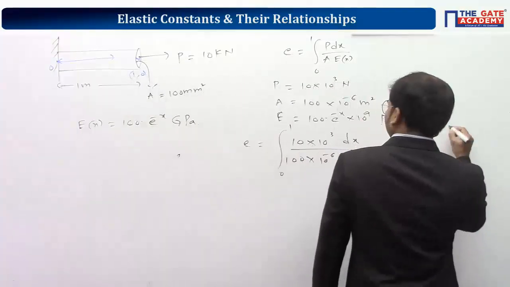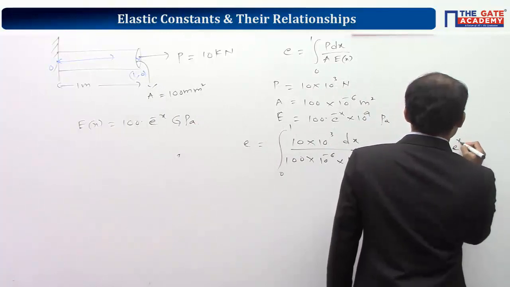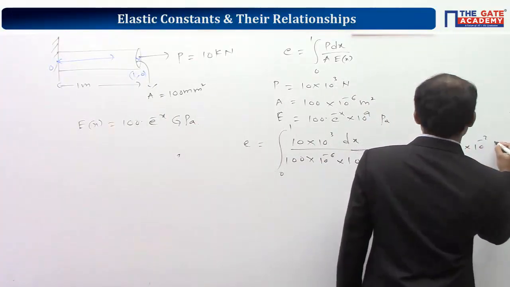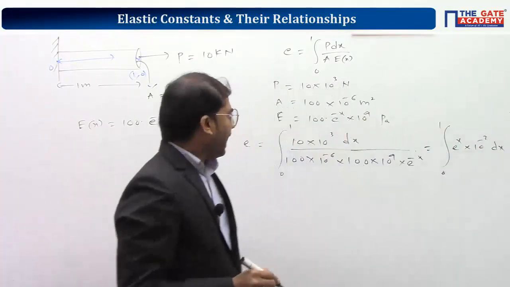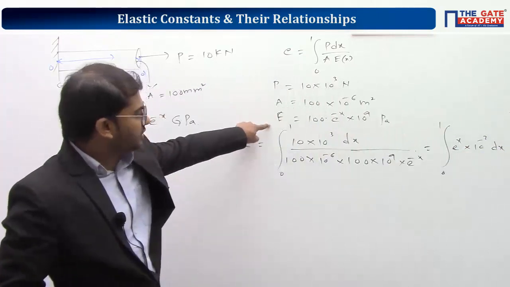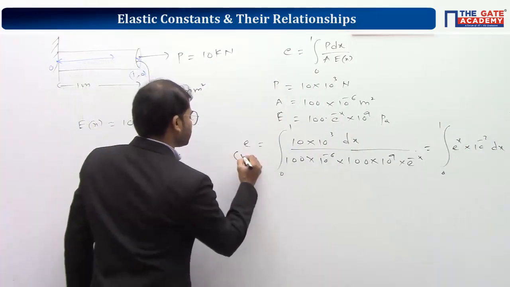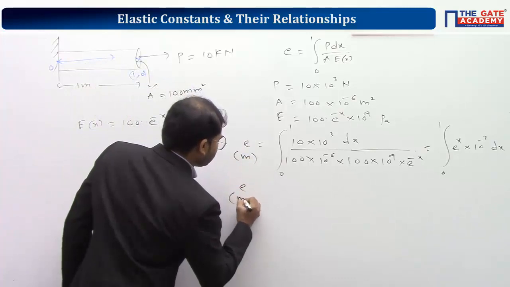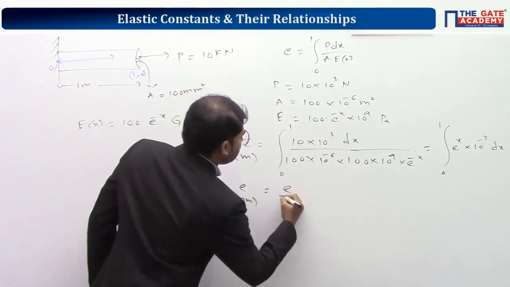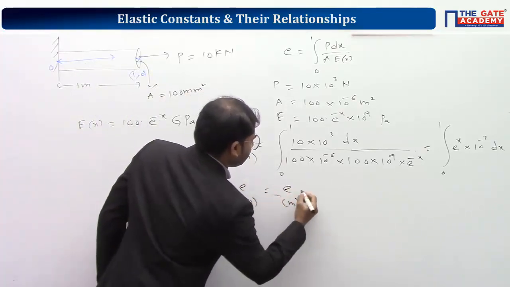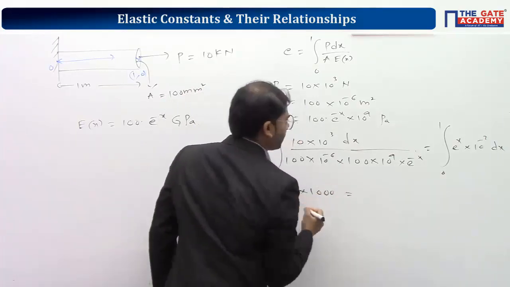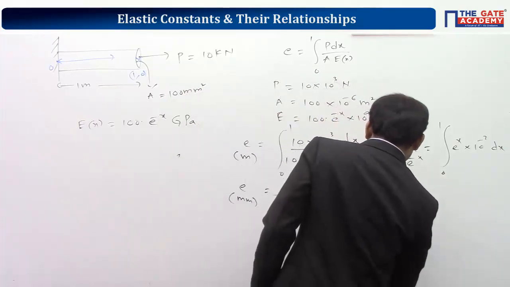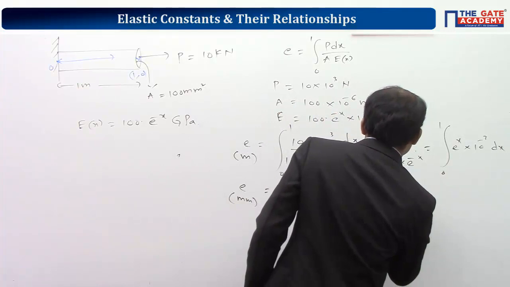So this is nothing but integral from 0 to 1 of e power of x into 10 power of minus 3 into dx. As we have substituted everything in SI units, elongation will come in meters. So elongation in millimeters is elongation in meters into 1000, or 10 power of 3. So this becomes integral from 0 to 1 of e power of x dx.